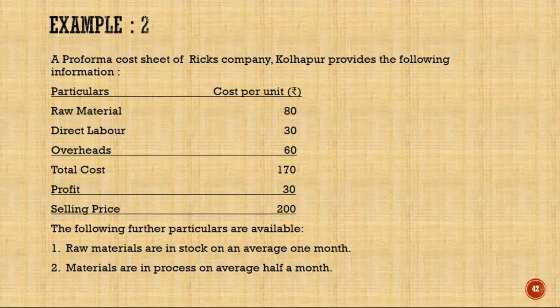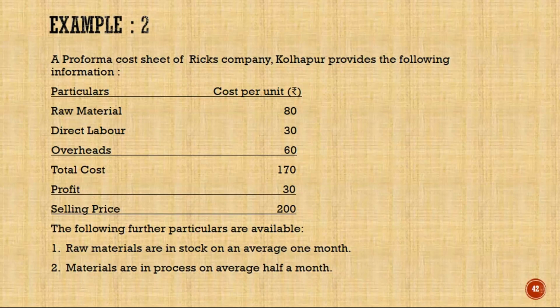Again, two columns are there, particulars and cost per unit in rupees. So raw material, rupees 80, direct labor, 30, overheads, 60, total cost, 170, that is the addition of all the three, profit, 30, and the selling price is 200.